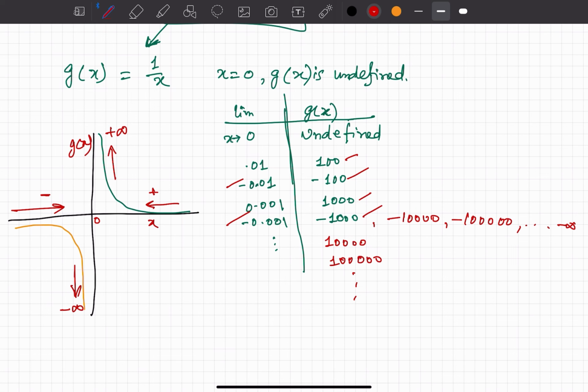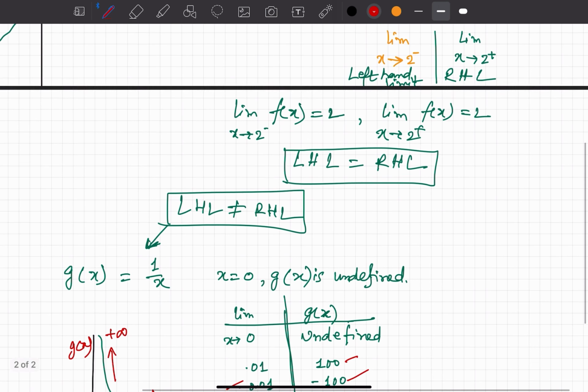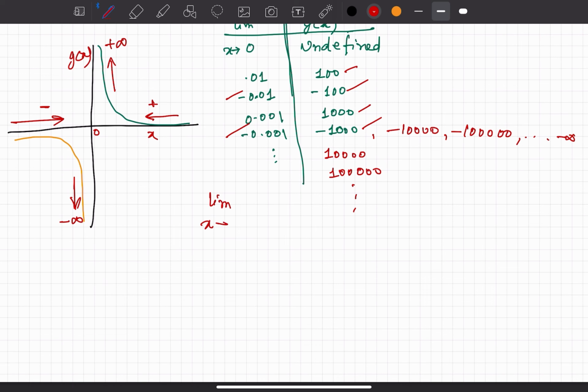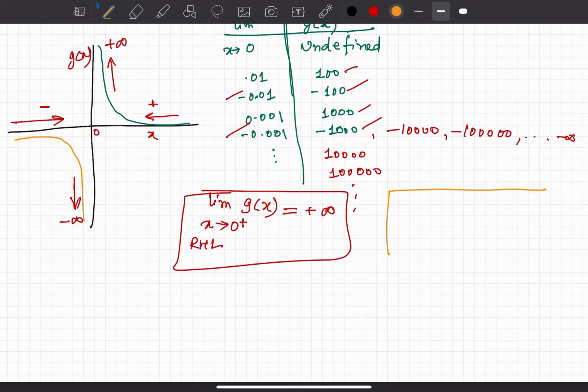So we can write from the concept we have just discussed that limit x tends to 0 from the positive side, that is the right hand limit, for g(x) is positive infinity, and for the left hand side, limit x tends to 0 from the left hand side, that is the left hand limit for g(x), will be negative infinity.